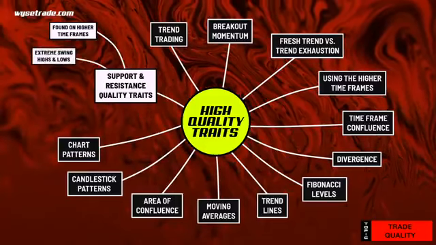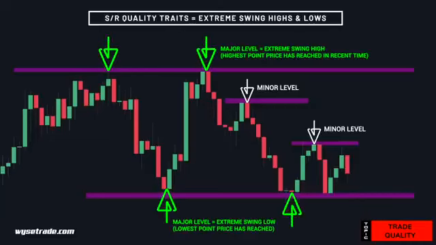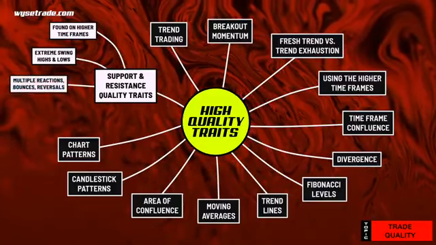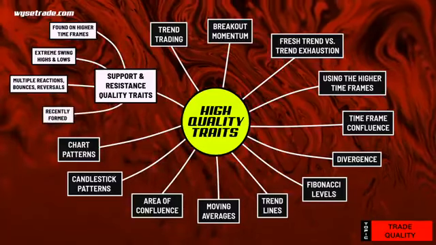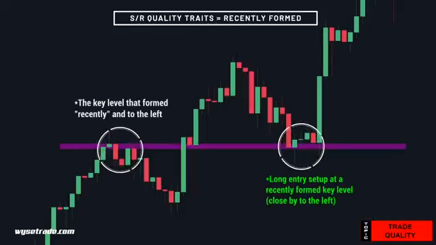Second, extreme swing highs or lows, meaning the highest and lowest points prices reached in recent time. Third, multiple reactions, bounces, or reversals from the level. And fourth, recently formed, meaning it was created very close to the left of where price currently is.